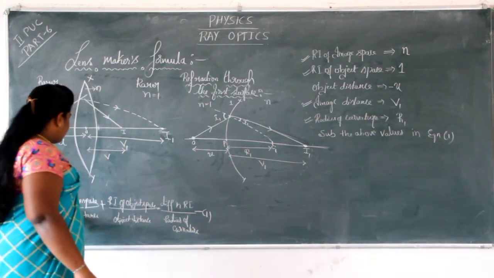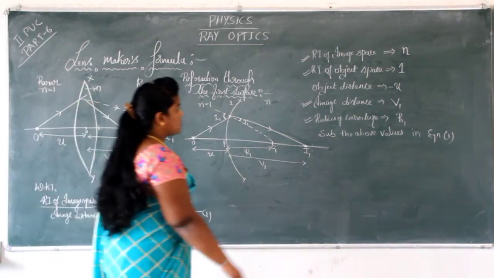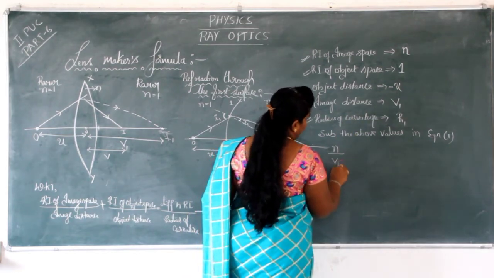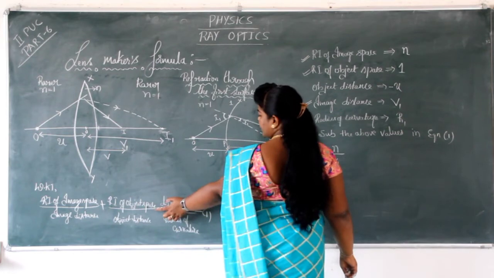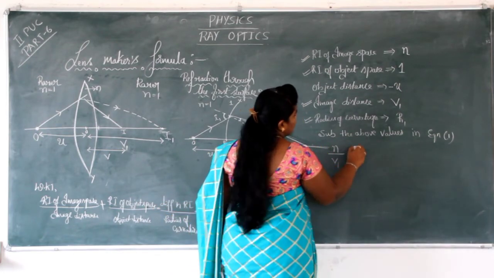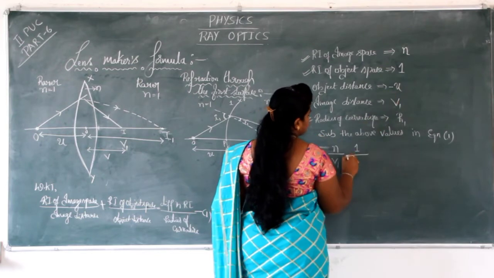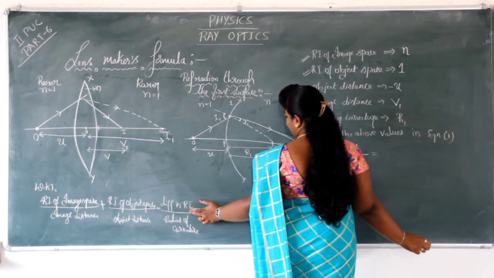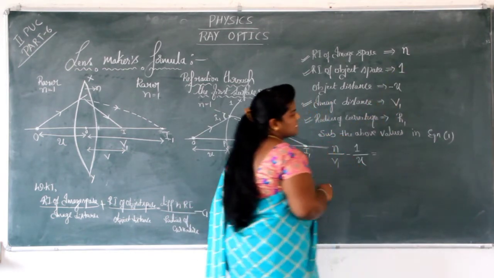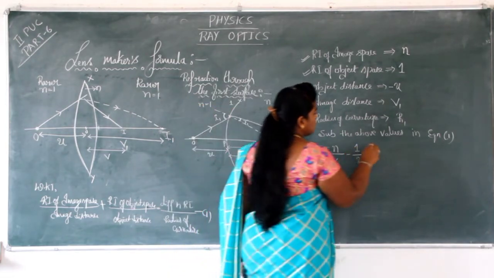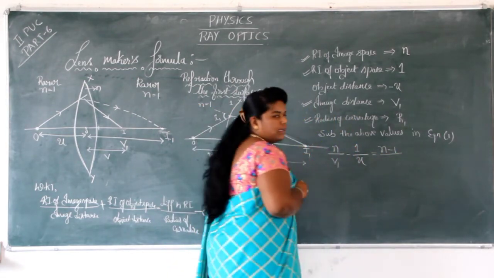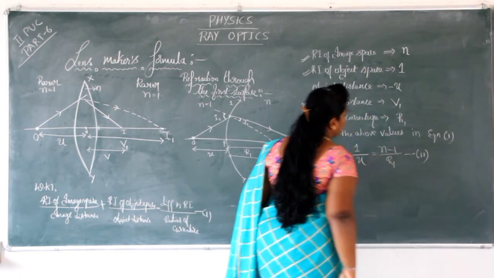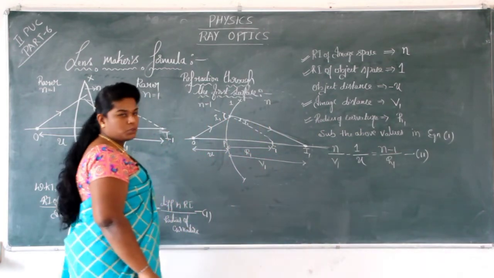The refractive index of image space divided by image distance is N divided by V1. Plus the refractive index of object space divided by object distance, so 1 divided by minus U, which is minus 1 by U, equals the difference in the refractive indices. We have two refractive indices, N and 1, so the difference is N minus 1 divided by the radius of curvature R1. Take it as equation number 2.